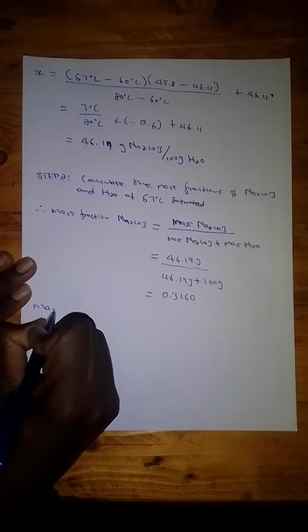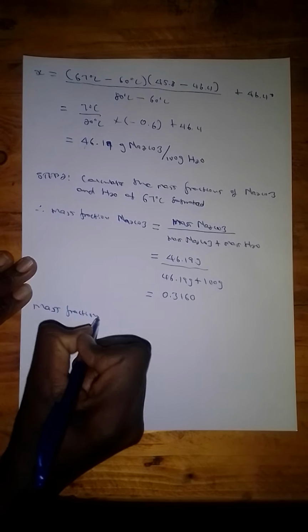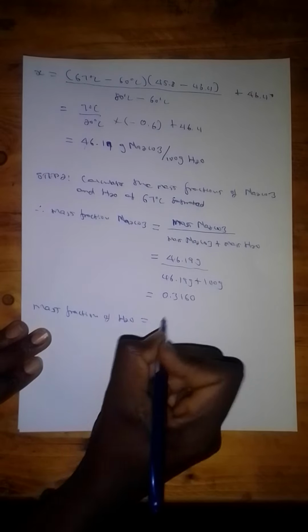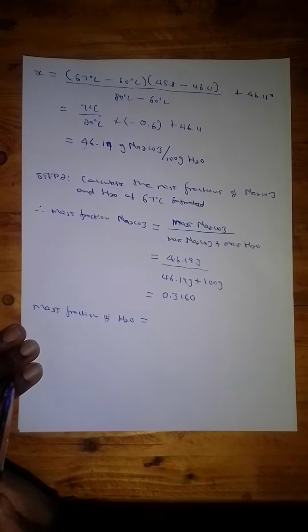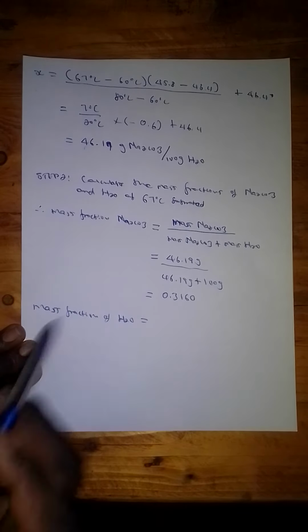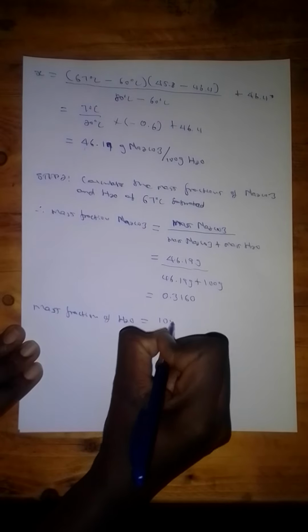Now we move further to do the mass fraction of H2O. Remember that it's very possible to get the mass fraction of H2O by saying 1 minus this, right? But for explanation purposes, I'll just keep the longer route.